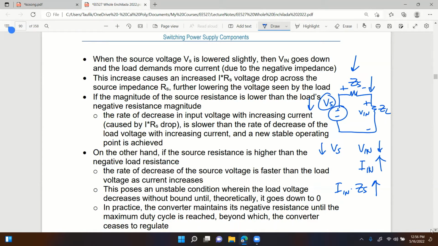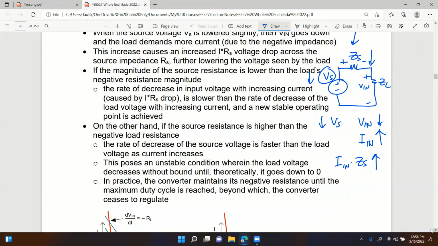So we have a dilemma, we have a problem here, right? As you are decreasing Vs, Vin decreases. Again, don't forget, Vin is the input to the power supply, Vs is the source of the power supply, right? And then Iin goes up. When Iin goes up, then the drop across Zs goes up as well. By KVL, this is VZs.